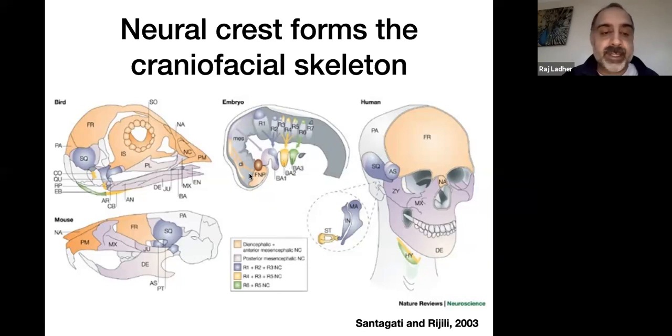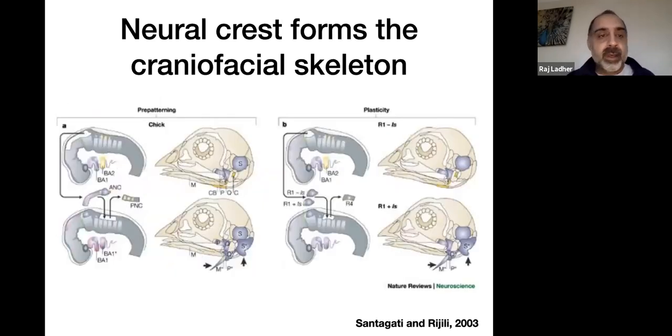populations of neural crest. So this is important because then what you're thinking about is how these different populations of neural crest can be patterned and regulated. So it's known, some classic work.